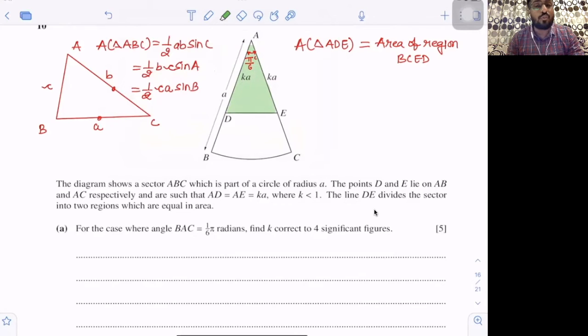So I know length of AD and length of AE, and both of them are K times A, and the angle between them is also known to me. So AD and AE, I know the angle between these two sides, and the angle is pi by 6. It should be in radians, students. Okay, so try and keep the angles in radians now.